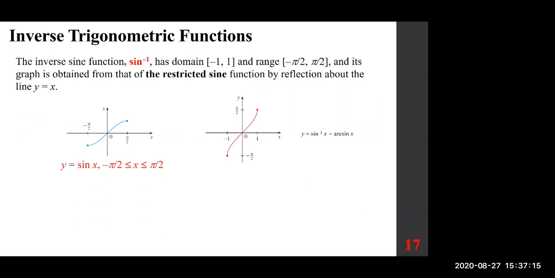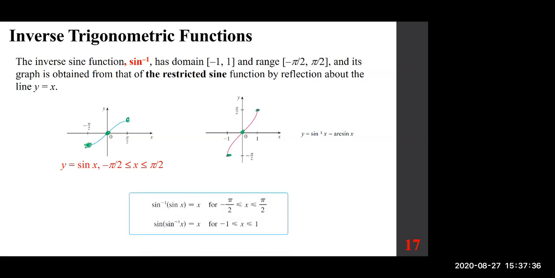So if you were to graph this, notice the y equals sine inverse or arc sine x. All you have to do is plot those 3 pairs, and that's really good enough to give us the new graph. Okay? And therefore, we are going to write their composite function is x.